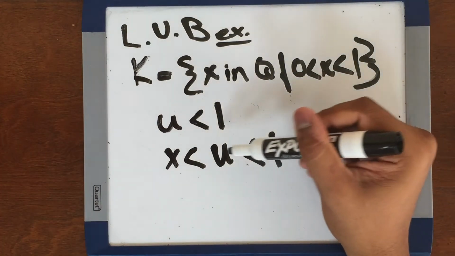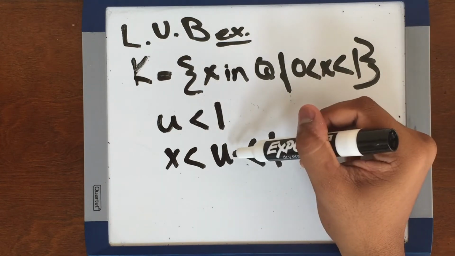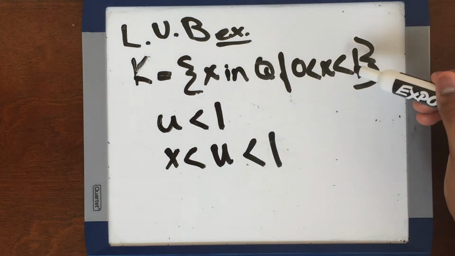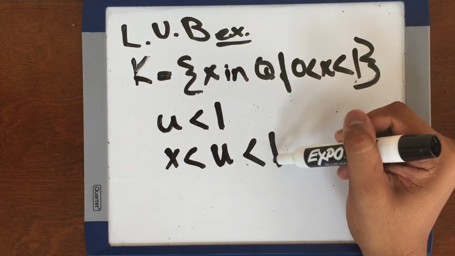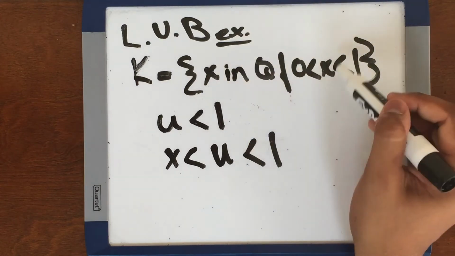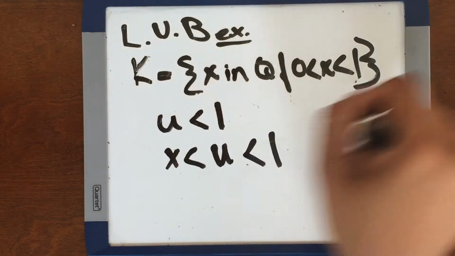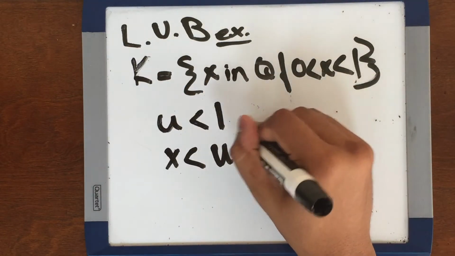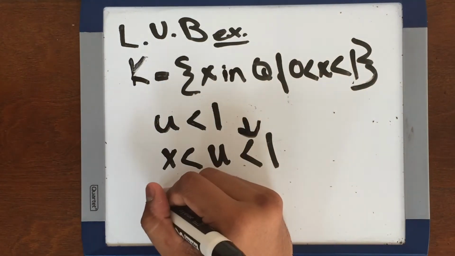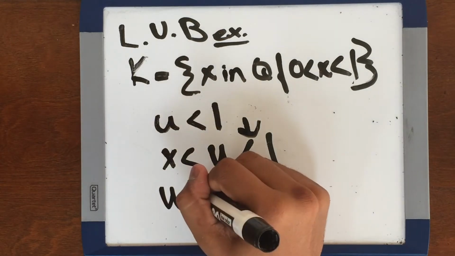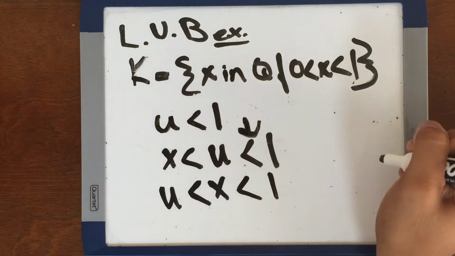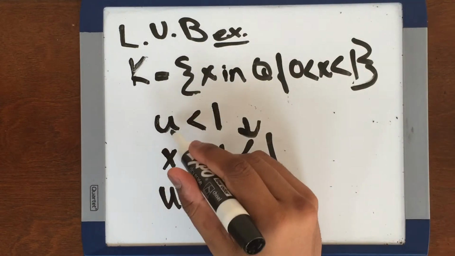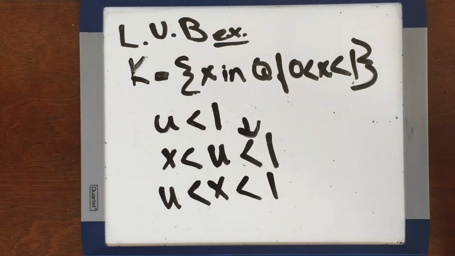If U is any number that is less than 1, we can see from the definition that there must exist some X in our set that is between U and 1. So there must be U that is less than some X that is less than 1.